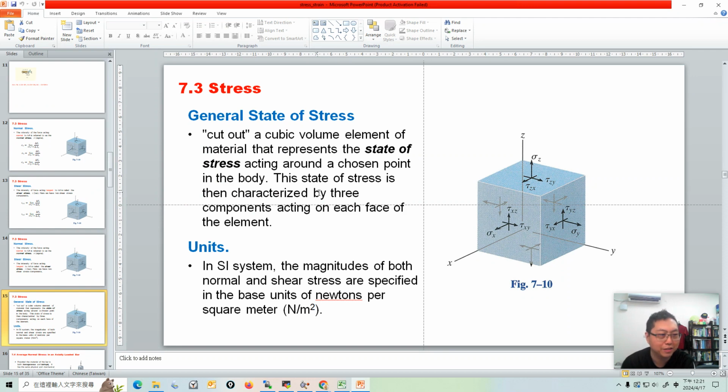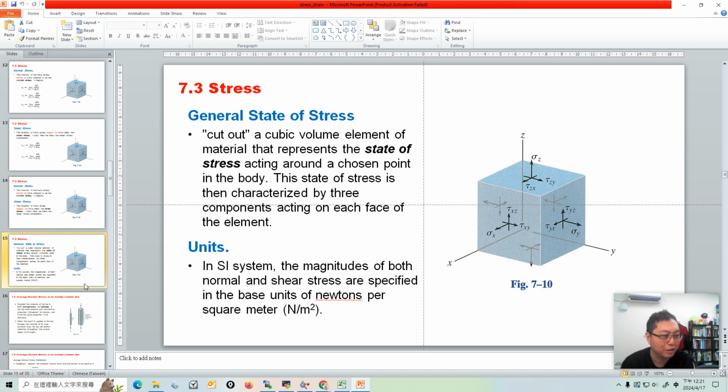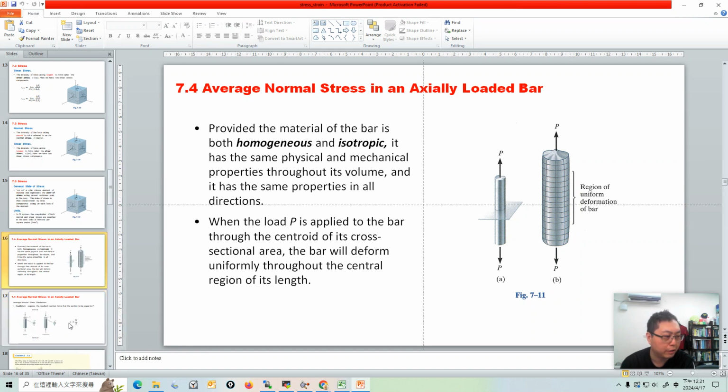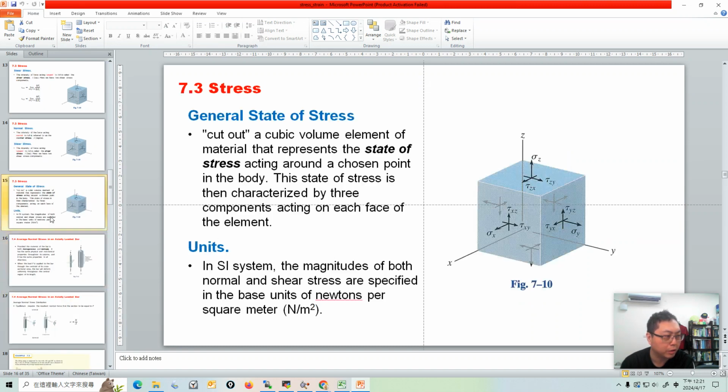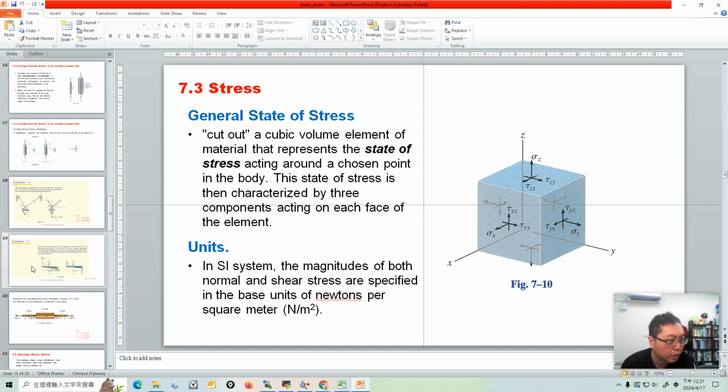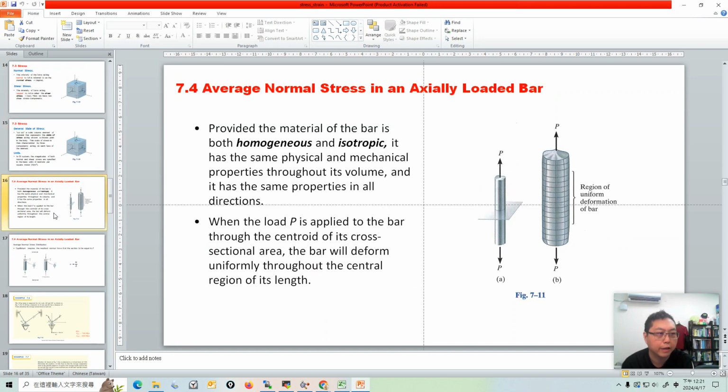I think there's nothing very new from this slide, it's also just a summary. I think I need to address some previous slide, the state of stress. Did I miss something? Never mind.